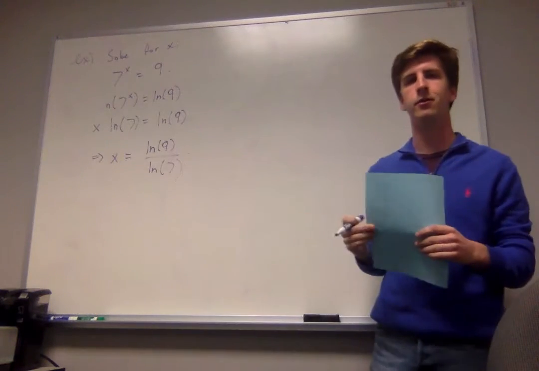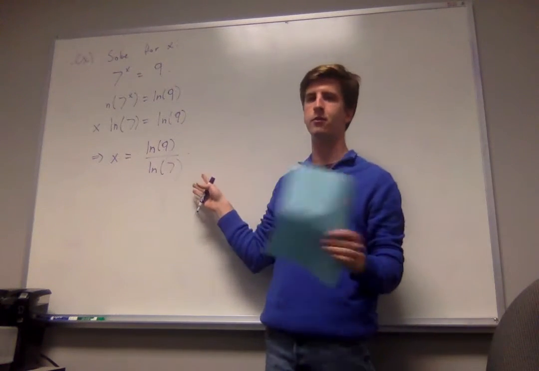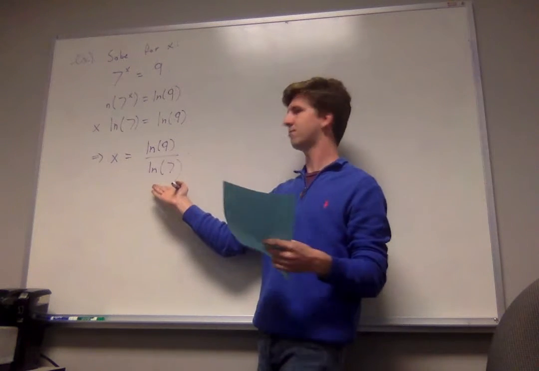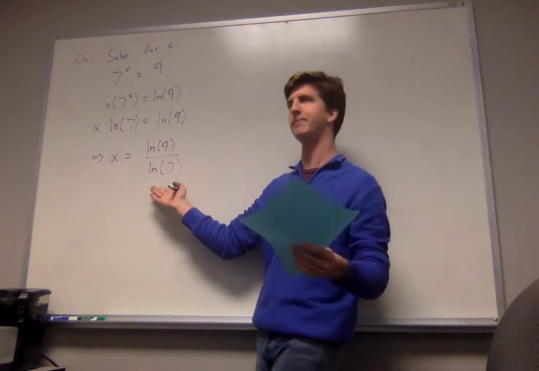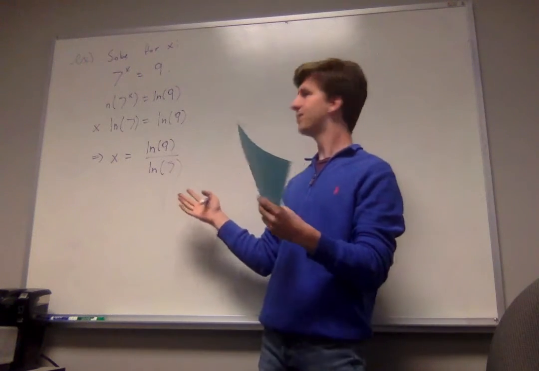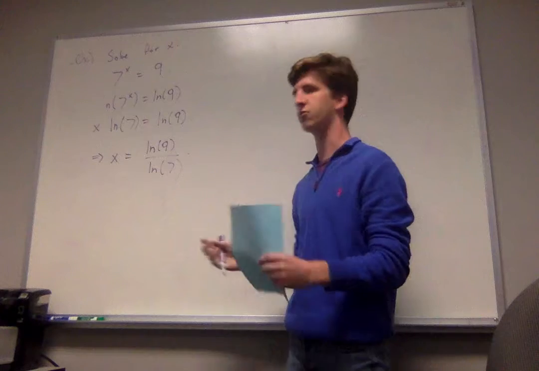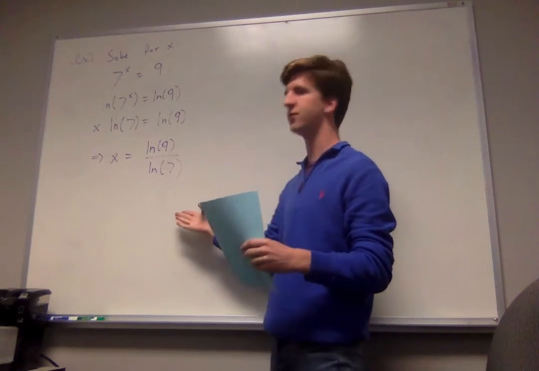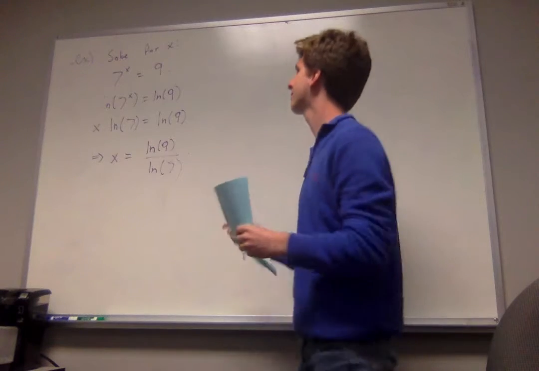And you can punch this into your calculator and you'll get a number. But as far as I'm concerned, this is what you need. It might be weird not having decimal places like 7.24, but this is a number. This is the answer.